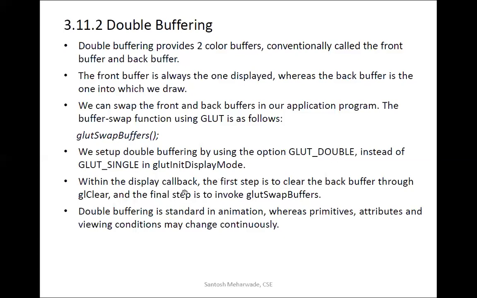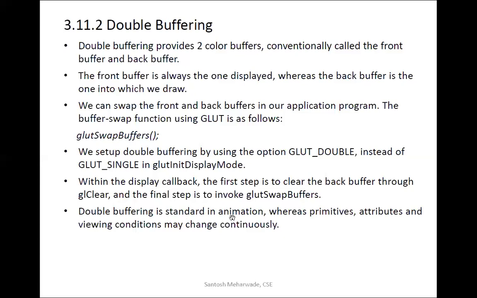Within the display callback function, glutDisplayFunc, the first step is to clear the back buffer through glClear, and the final step is to invoke glutSwapBuffers. So first we call glClear, then we call glutSwapBuffers, which is for the display purpose.